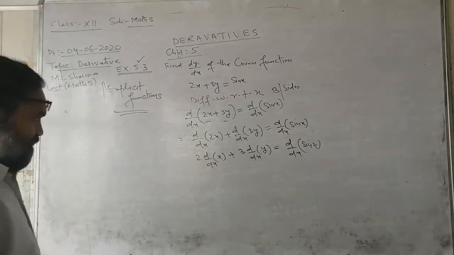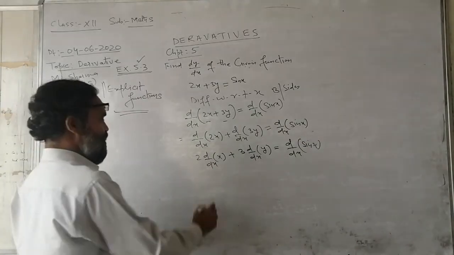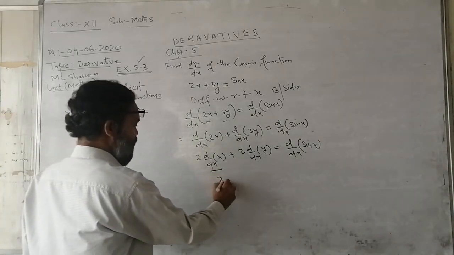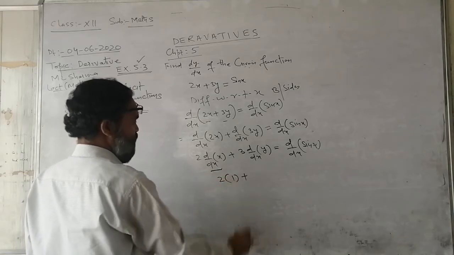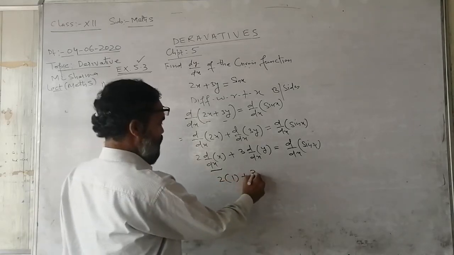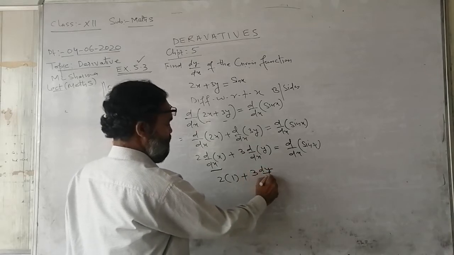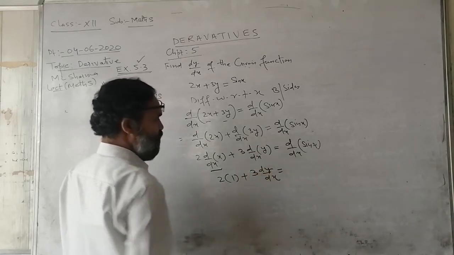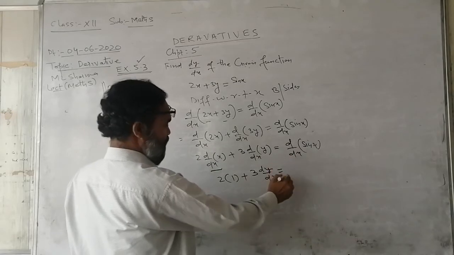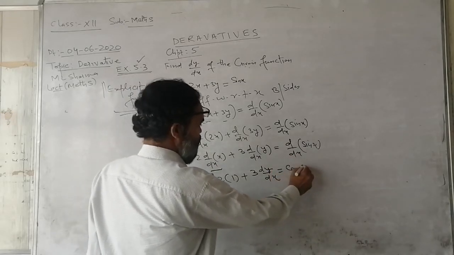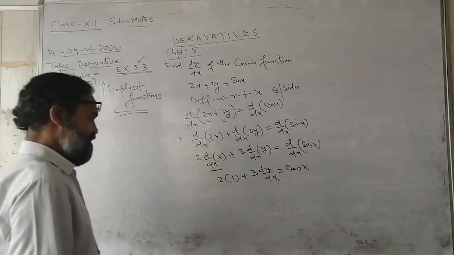Now d upon dx of x is 1, so 2 into 1 plus 3 times dy upon dx will equal the derivative of sine x, which is cos x.